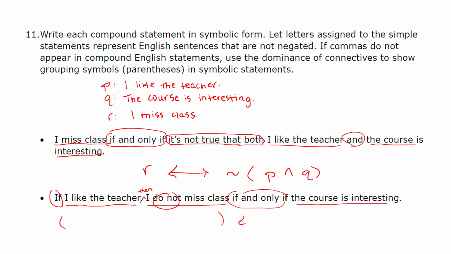And then if and only if something occurs. So I like the teacher is P. I do not miss class, so not R. If and only if the course is interesting, Q. All right. And that completes section 3.2.